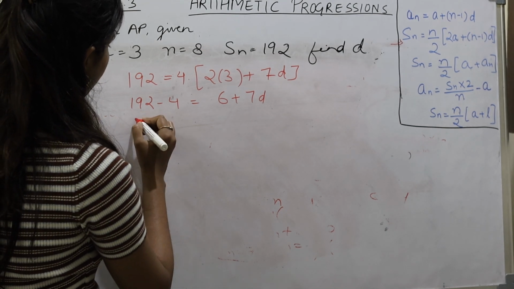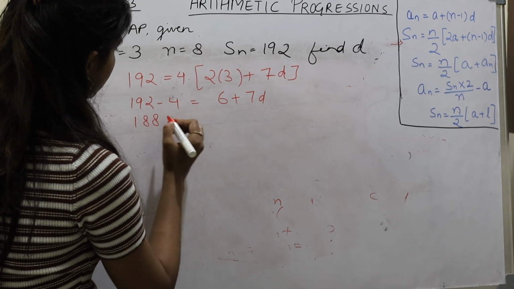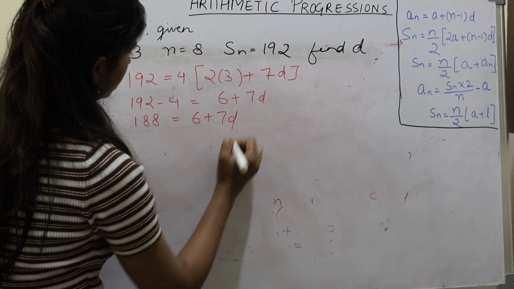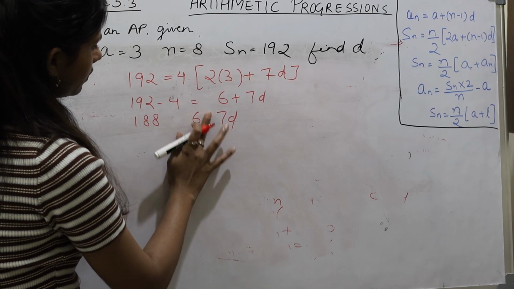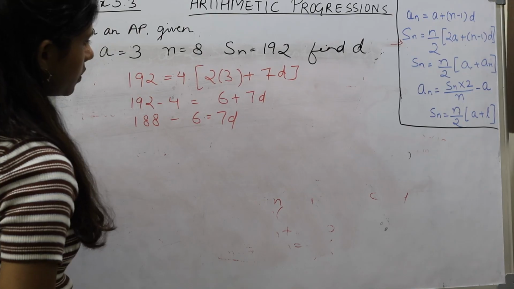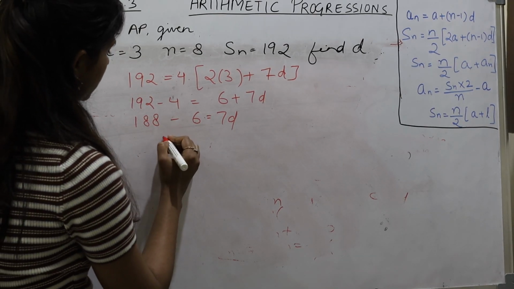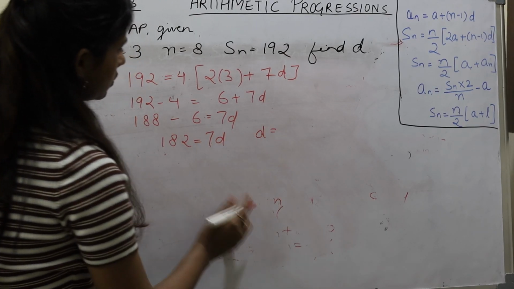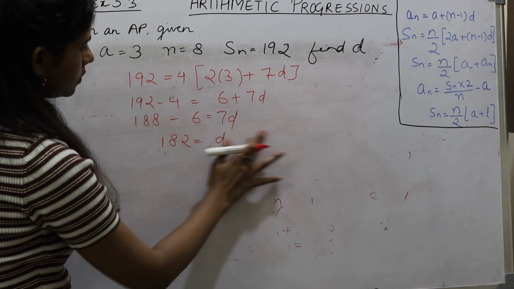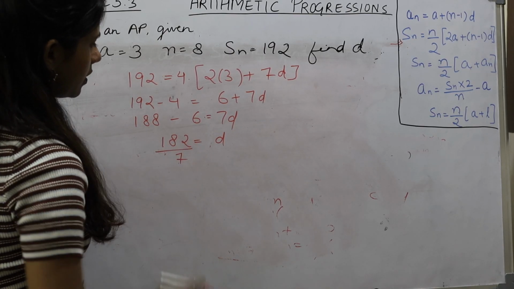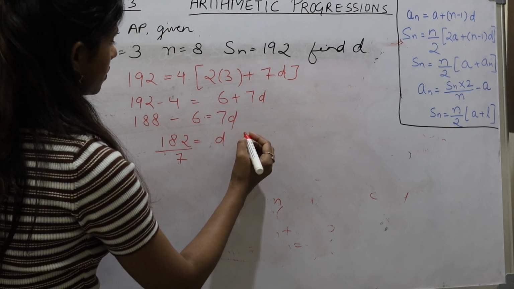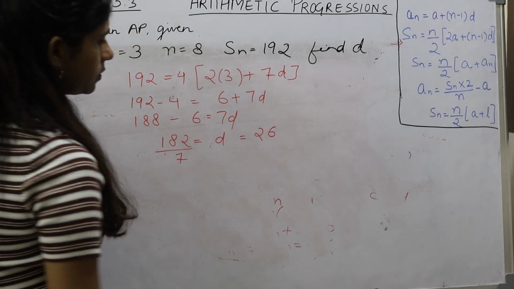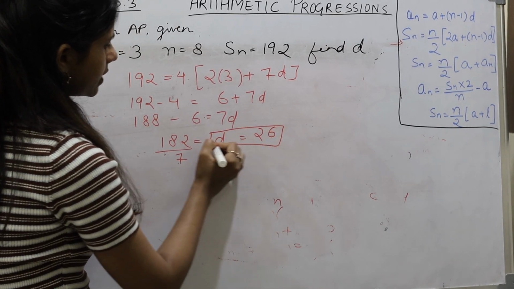Now this will go to the left hand side, it will become minus. So d will be equal to this by 7. Let's see if this gets divided. So d we got as 26.